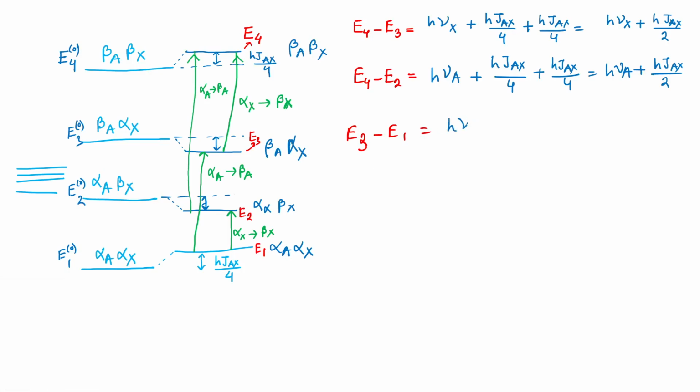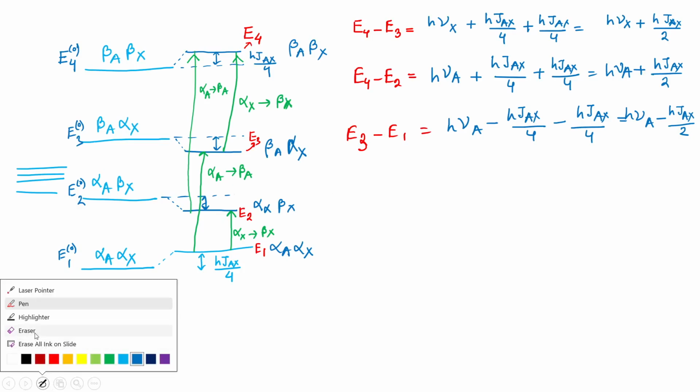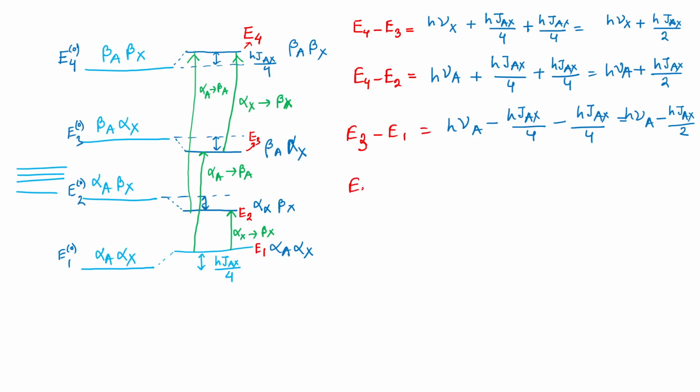The first term hν_A will be there, minus hJ/2. It was minus and this plus, so it would be minus. It has decreased the upper one, and this one has increased, so it was plus but it is there in minus. So hν_A minus hJ_AX/2. And then E2 minus E1.